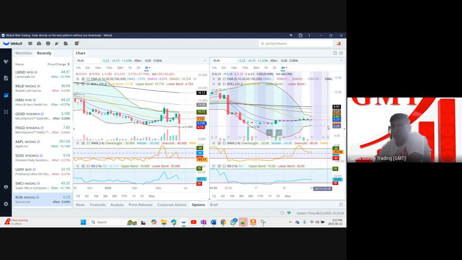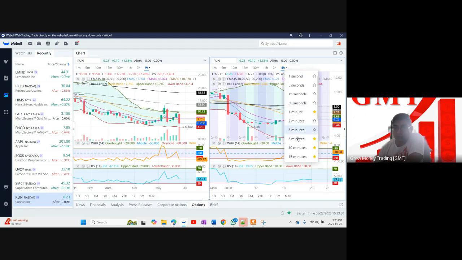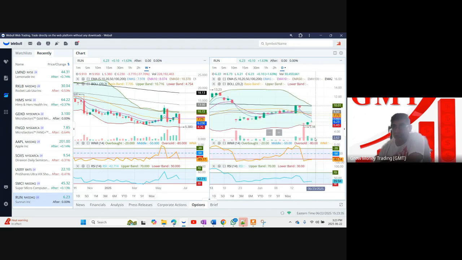The upper Bollinger Band almost touched on a 4-hour chart. However, if you are planning to enter this, you should enter with a close stop loss as well.